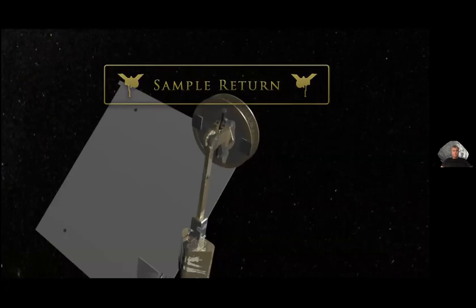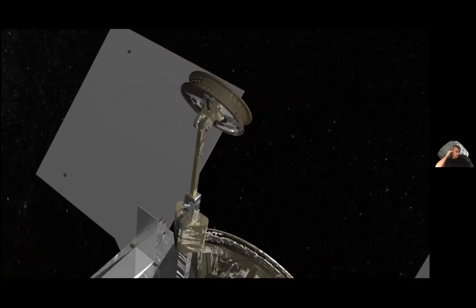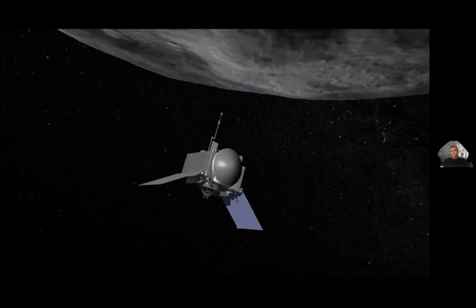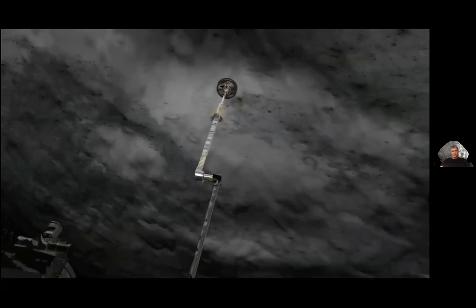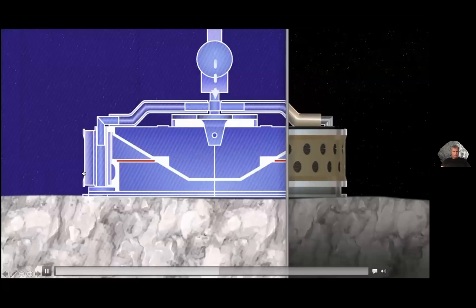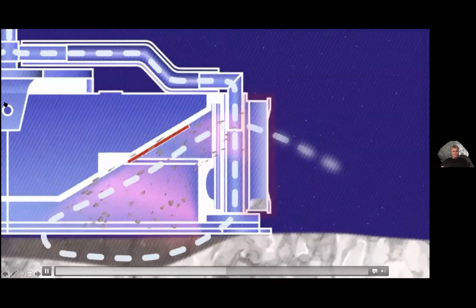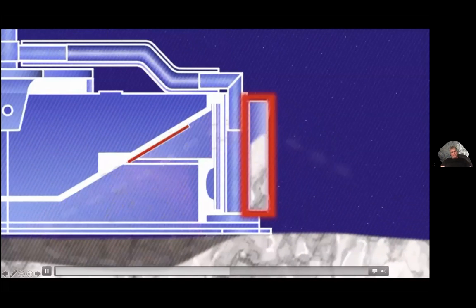In 2019, OSIRIS-REx will deploy its touch-and-go sample acquisition mechanism, or TAGSAM, and slowly approach the sample site, causing loose rocks and soil to flow into the collector.